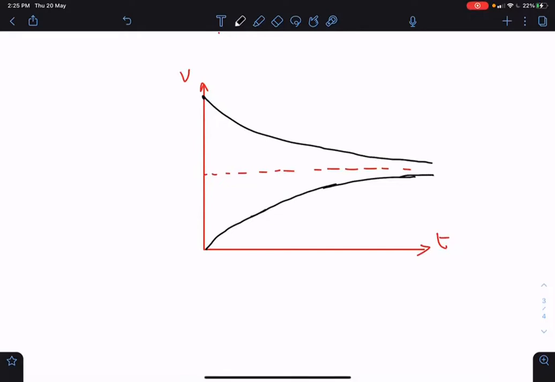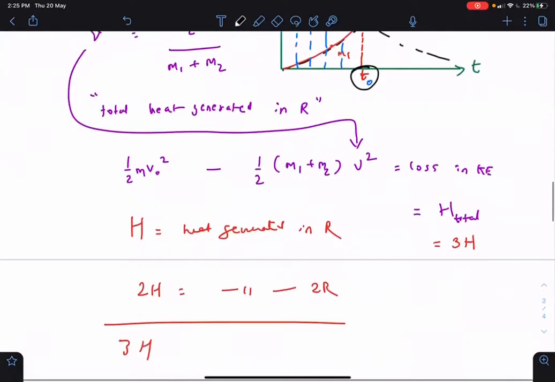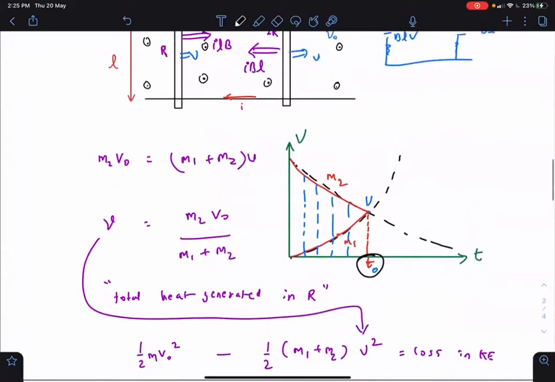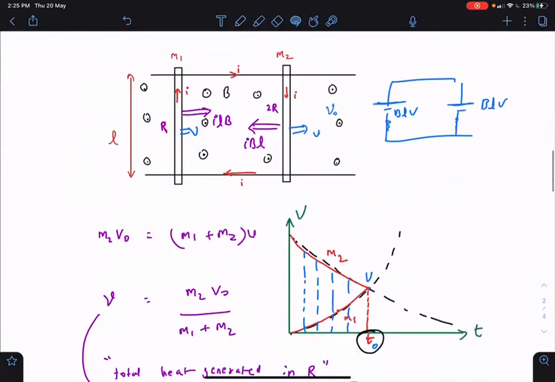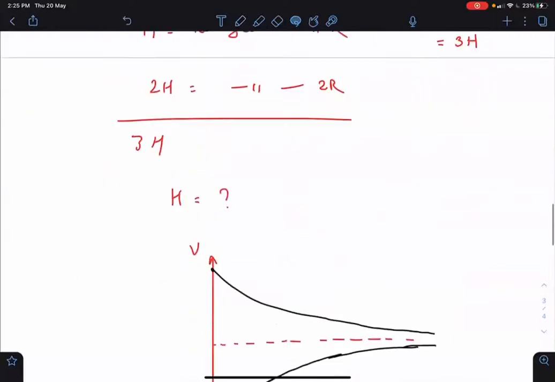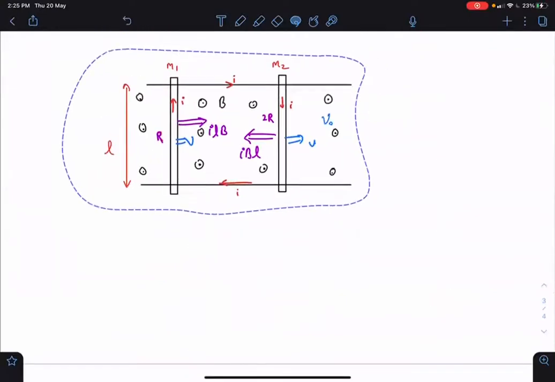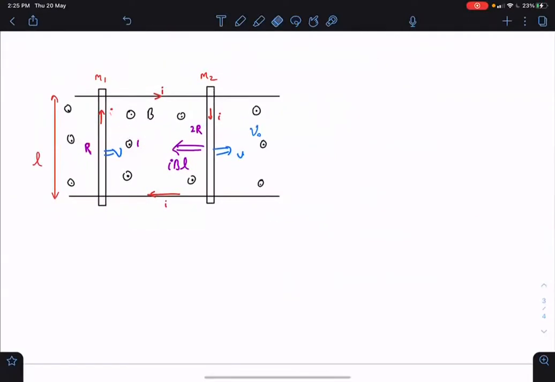So you have to write only two equations. Let me just help you with the two equations also. But this transient thing is not asked normally. Only steady state values like heat generated or final velocity, those kinds of things are asked.